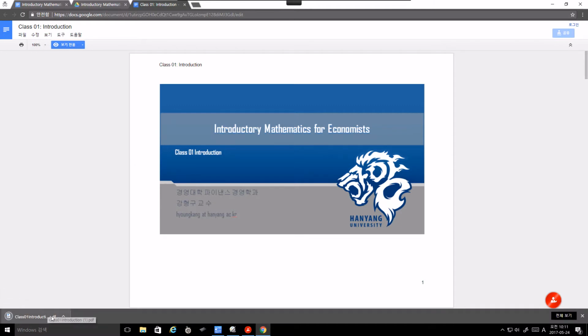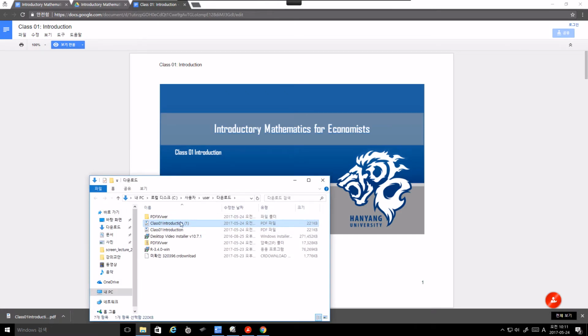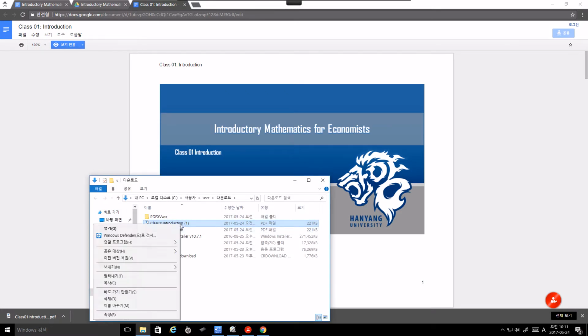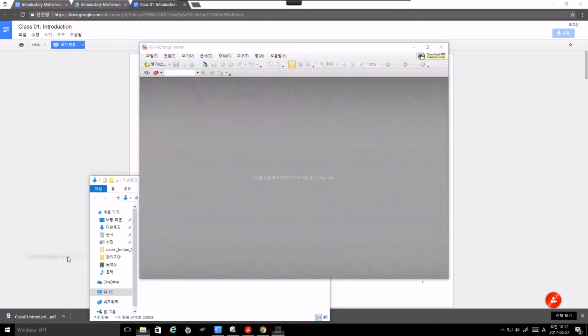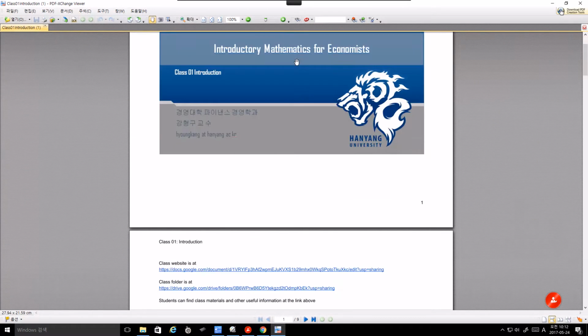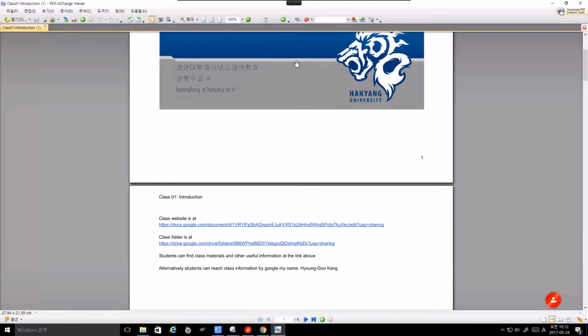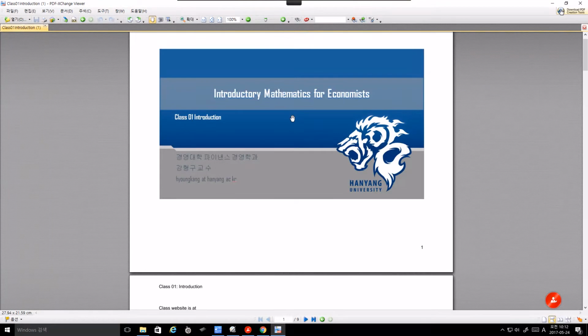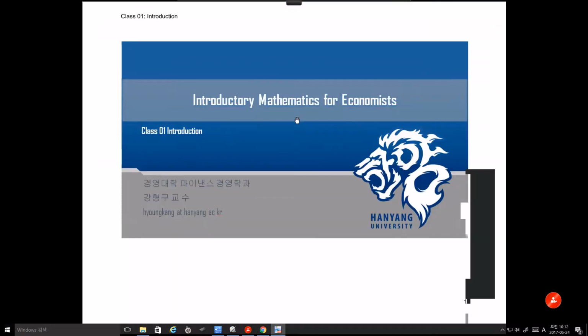It is downloading. So let me open the folder, and then open it with the PDF viewer. Yes, this is our first class material. Yes, it is a full view.